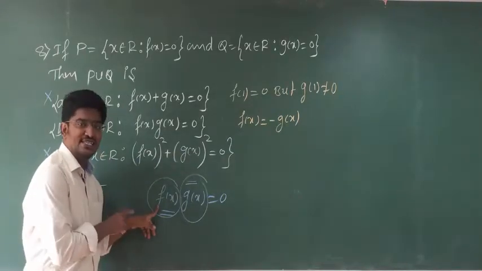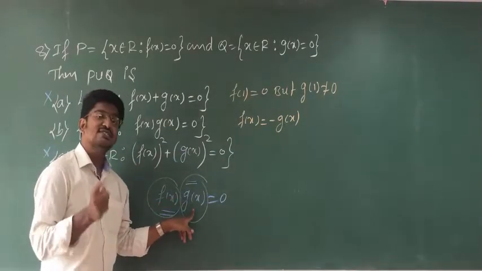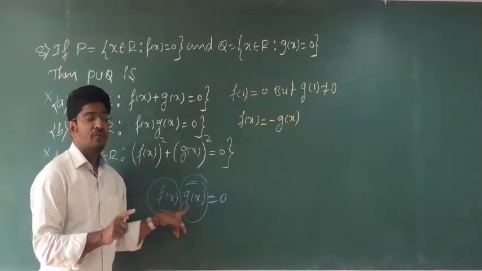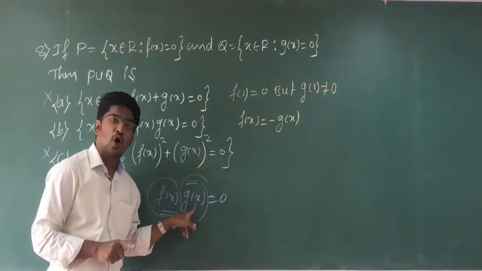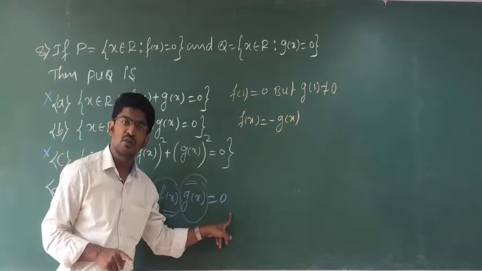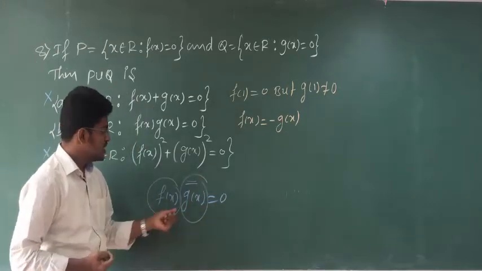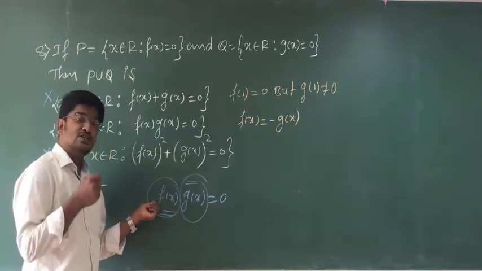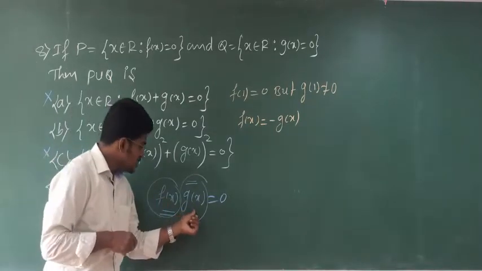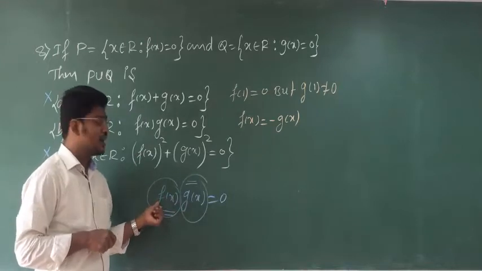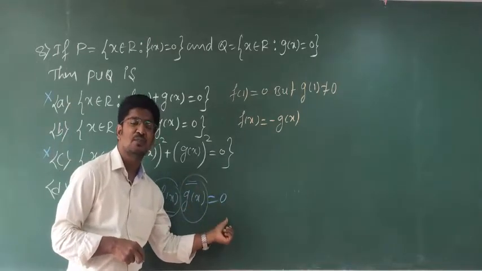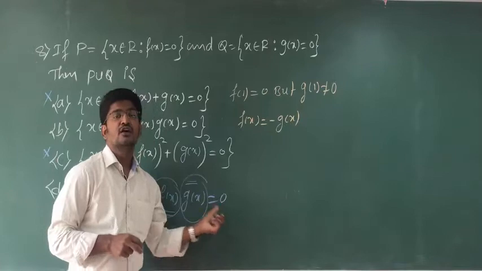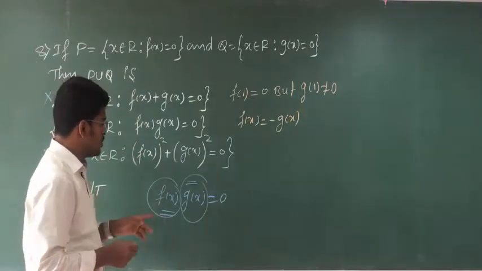Suppose f of x is 0 and g of x is not equal to 0, but the multiplication of 0 into not equal to 0 will be equal to 0. Second case, suppose g of x is 0 and f of x is not 0, but 0 into not 0 again gives you 0, a simple concept. Okay, so what happens here?